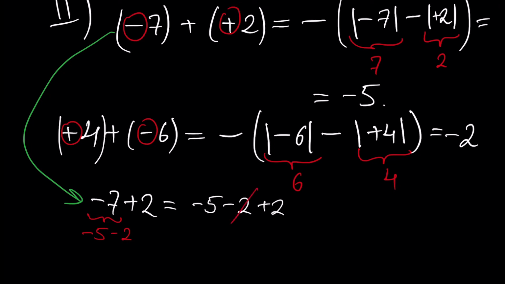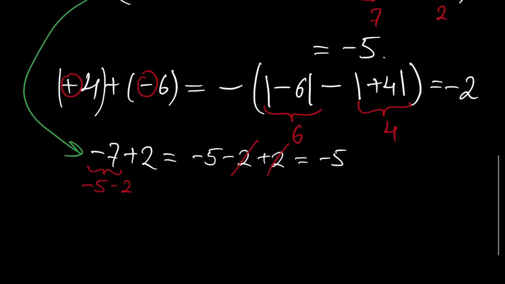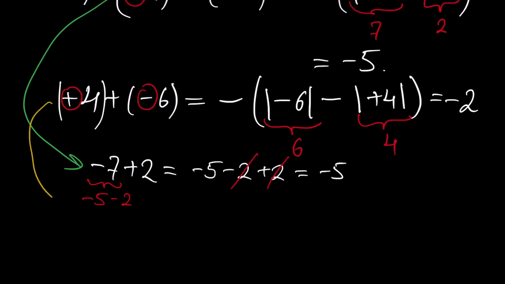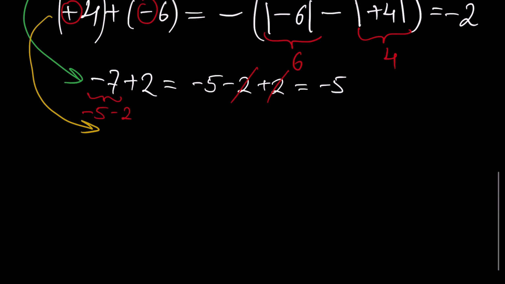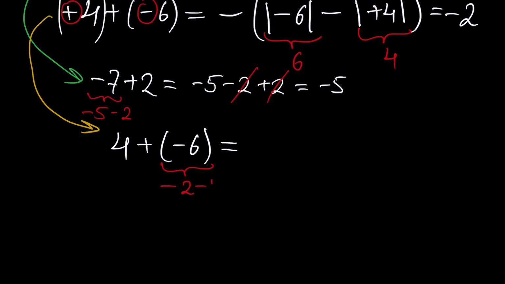And we have a cancellation here, and the answer will be minus 5. Another example, 4 plus minus 6. Since minus 6 is minus 2 minus 4, we write this as minus 2 minus 4 plus 4, so we have cancellations here, and the answer will be minus 2.